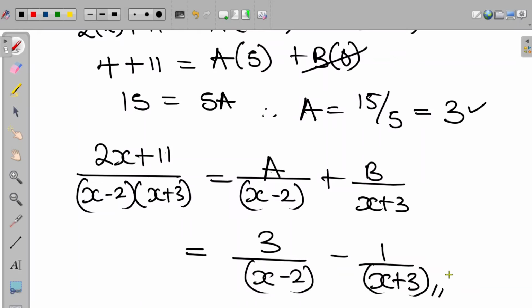We have been able to resolve our compound fraction into its partial fractions.